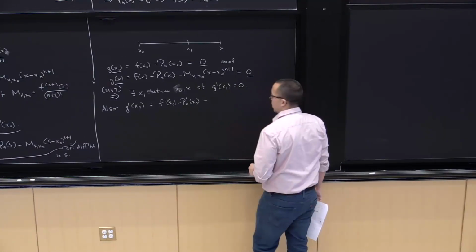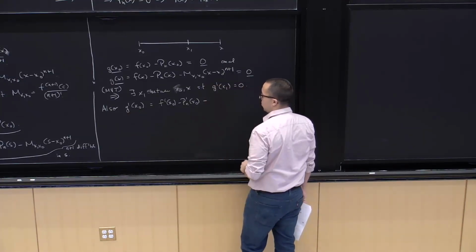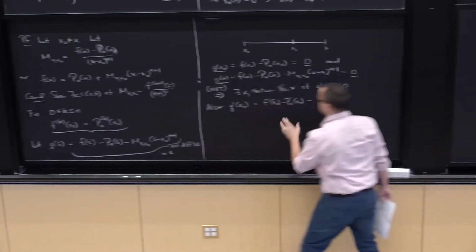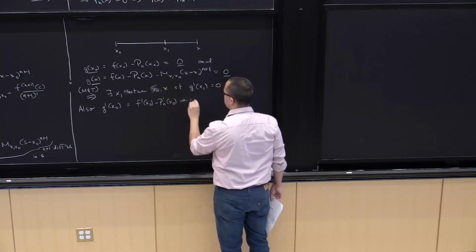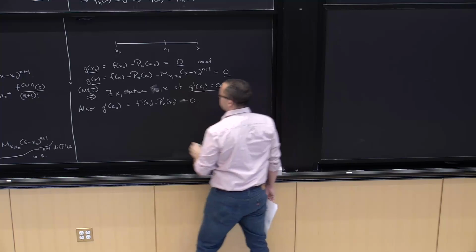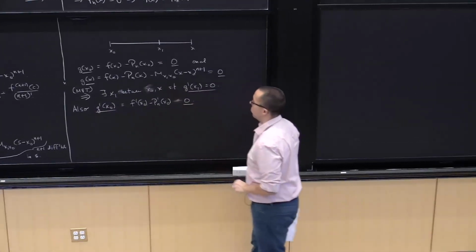But if I take the derivative of this and plug in x0, I will also get 0 here. So I just get f prime of x0 minus Pn prime of x0. So this equals 0. Yeah? So I have g prime of x1 equals 0. G prime of x0 equals 0.